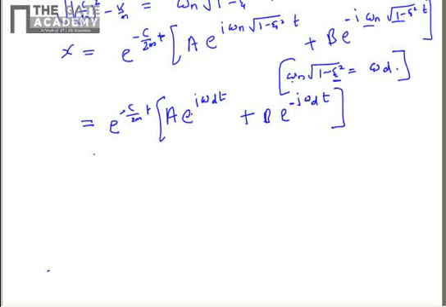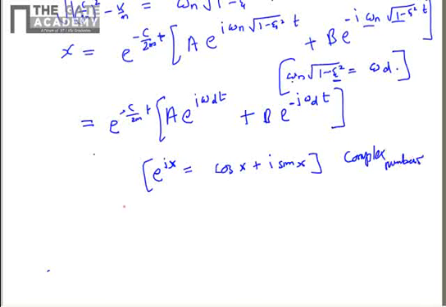Now, the exponential function can be written as a combination of cos wave and sine wave. If you recall your theory of complex numbers, e to the power i x can be written as cos x plus i sin x. This x is not our displacement, this is some general x. You get this from the theory of complex numbers.